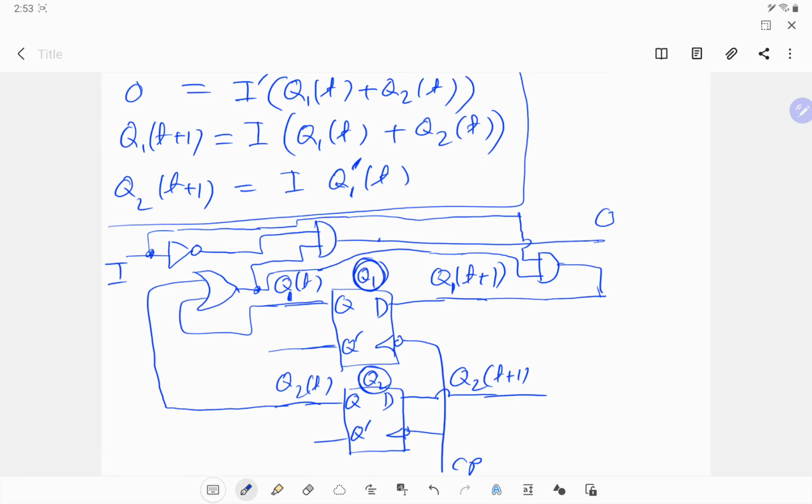Now we need to find Q2t plus 1. We have I and we have Q1t prime, so we need an AND gate.